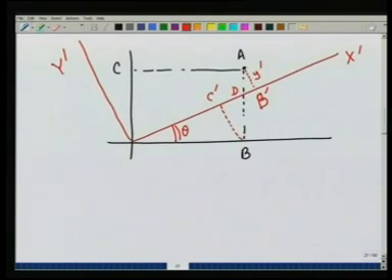And what I have shown you in the previous page is that x prime is x cosine of theta plus y sine of theta.